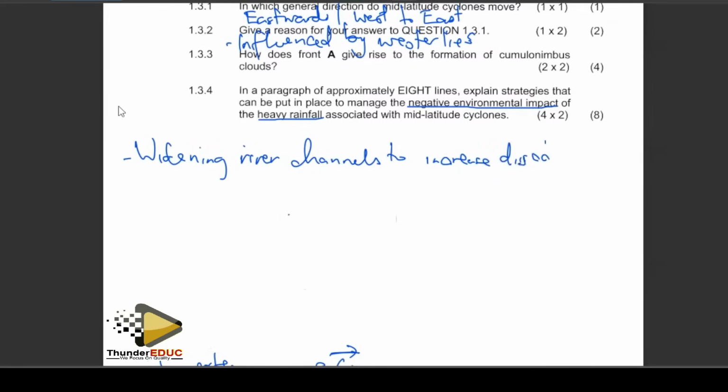What are we doing here? If we are widening the river channel, it means we want to avoid the impact of heavy rainfall causing flooding on the adjacent environment. If the river is wider, it means it has capacity to contain more water, and it will limit the overflowing of water from the rivers into the adjacent lands or into the adjacent natural environments.